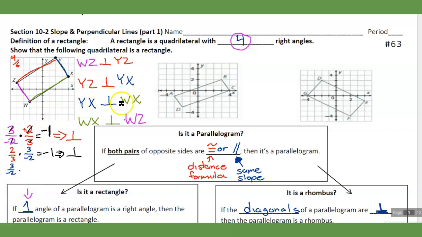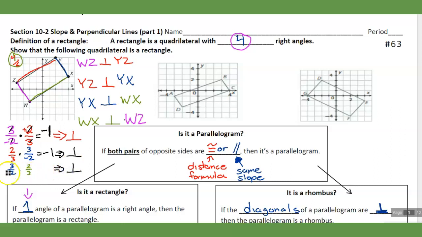So YX, is that perpendicular to WX? We already know. WX is up 1, 2, 3, 4, to the right 6. Same as up here. So we know that's going to be 2 over 3. So a lot of repetition, just like you saw yesterday. There's nothing groundbreaking here.